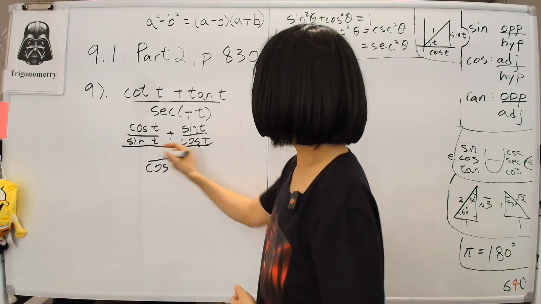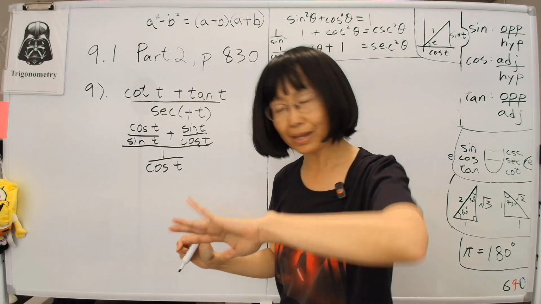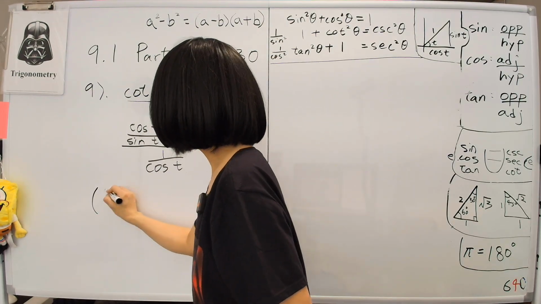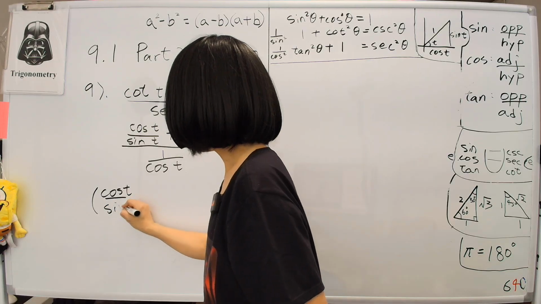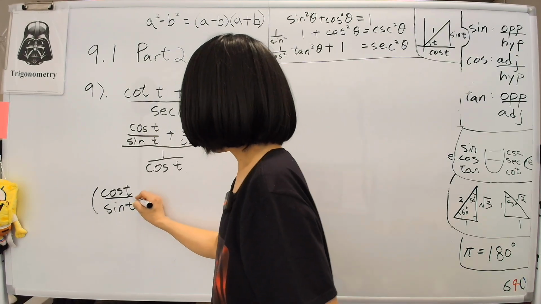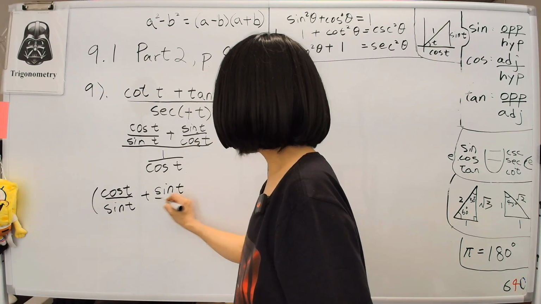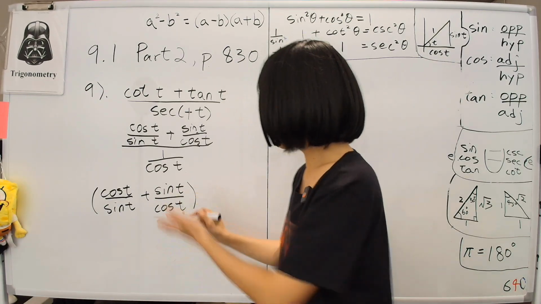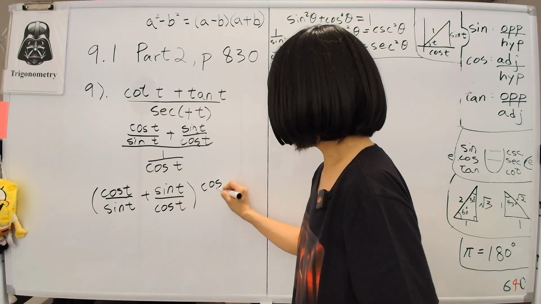this is the long division. So to divide is to invert and multiply. So then let's write down the numerator right here as cosine of t over sine of t. That is cotangent. And then plus sine t over cosine t. That is tangent. Flipping this thing around, we just multiply by cosine of t.